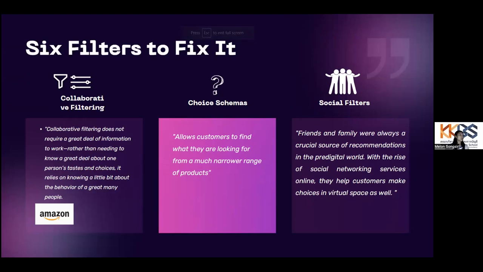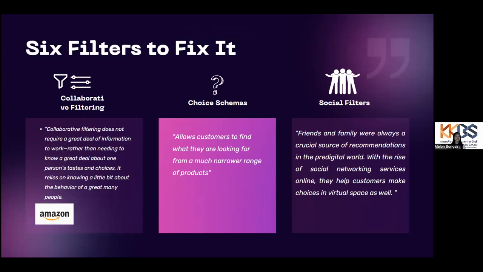For the second one, the choice scan mess. This one is a step-by-step process that the customer can use to reduce the number of potential choices. And the last one is the social feature.